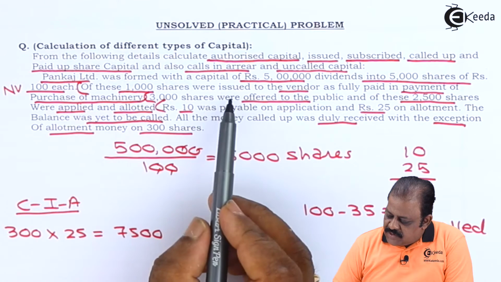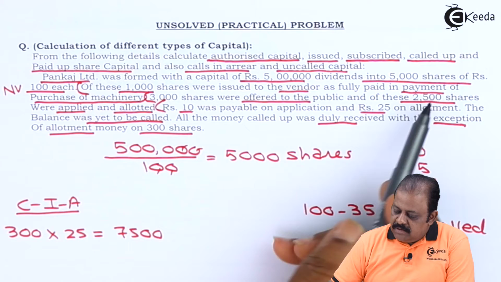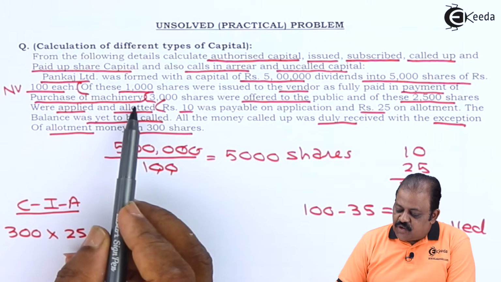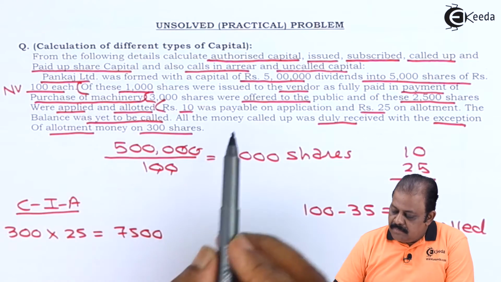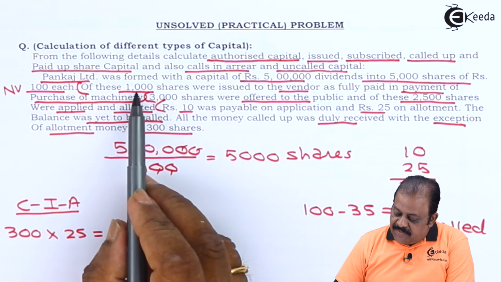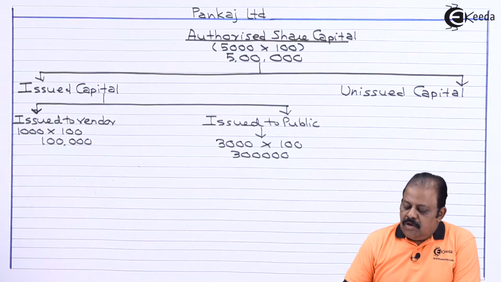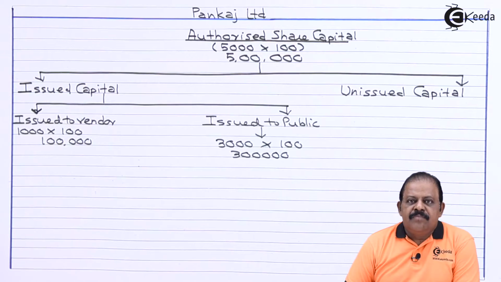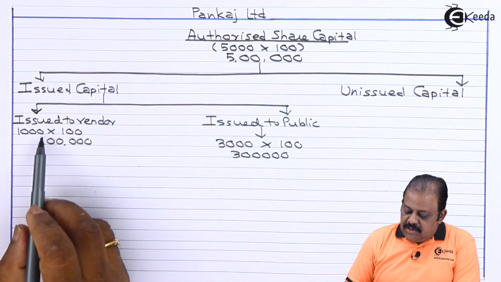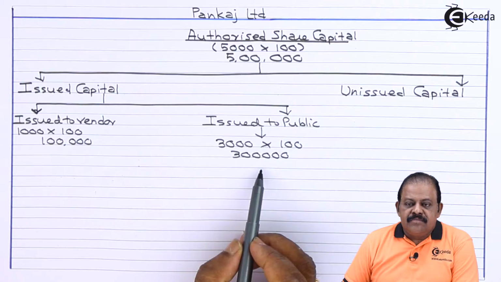Of these 1,000 shares were issued to vendor as fully paid in payment of purchase of machinery, and 3,000 shares were offered to public. So total issued will be 1,000 plus 3,000, 4,000 shares. Authorized capital is 5 lakhs. Issued capital: issued to vendor 1 lakh, issued to public 3 lakhs.